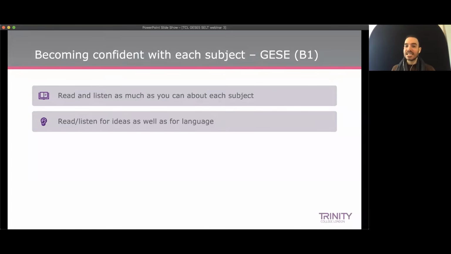Read and listen for ideas then, as well as for language. So when you read something that is interesting, you read something about a festival, maybe a festival of your own country. You read something about this that you like. Pay attention to the language that is used.